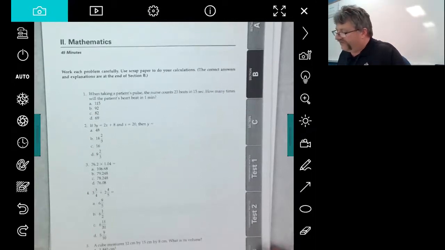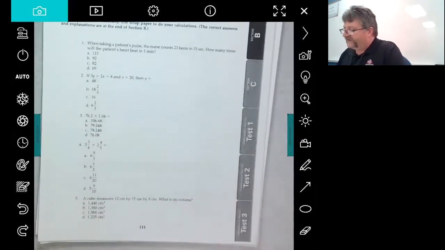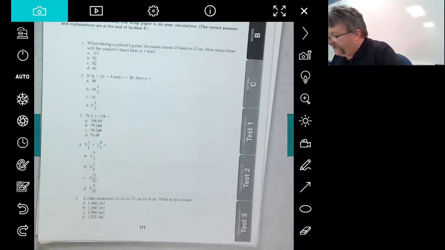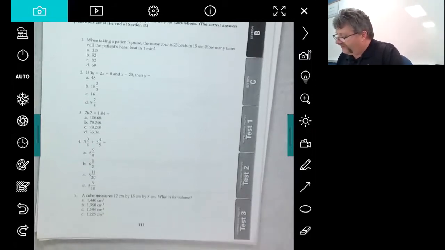Number 2, if 3y equals 2x plus 8 and x equals 20, then y equals, question mark. 3, 76.2 times 1.04. Number 4, 3 3/4 plus 2 4/5. And number 5, a cube measures 12 centimeters by 15 centimeters by 8 centimeters. What is its volume?